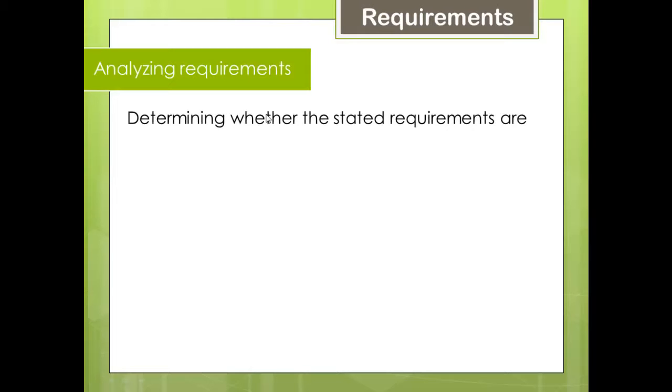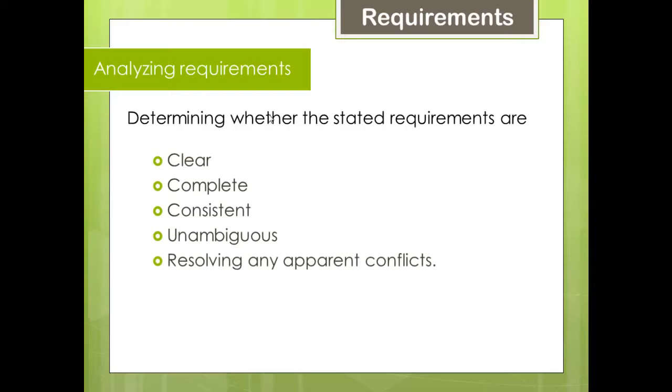To analyze requirements, it's determining whether the stated requirements are clear, complete, consistent, unambiguous, and resolving any apparent conflicts. So the business says the new system's coming down the line, and we jotted down some information on the back of a napkin, functionality that we want the system to have.